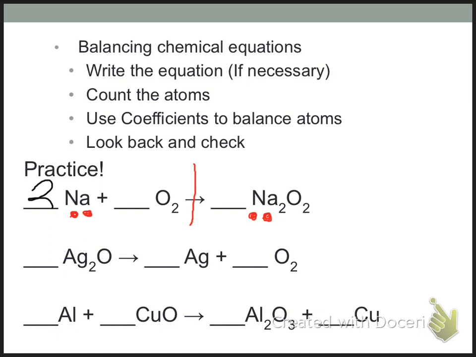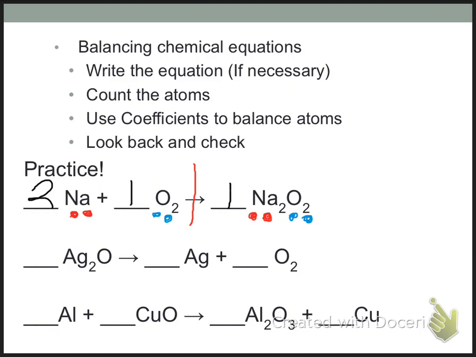Next, we're going to look at our oxygen. We have 2 oxygen atoms on the left-hand side and 2 oxygen atoms on the right-hand side. Both of those are balanced. I don't need anything else in my equation. I can put ones in the place at the beginning.